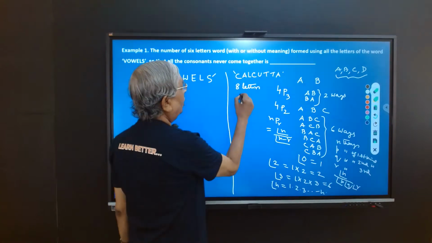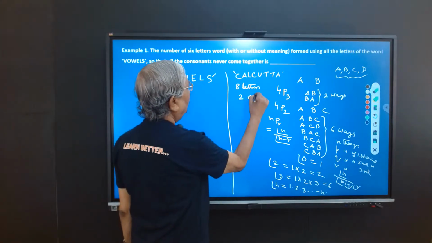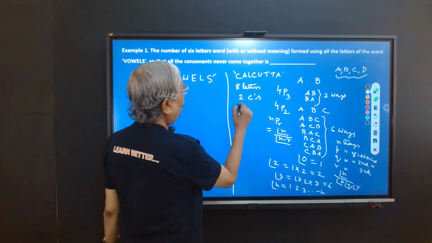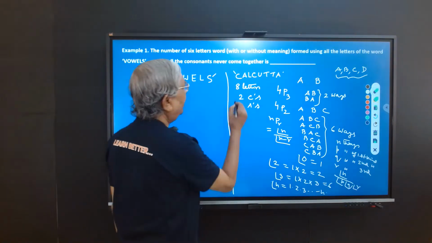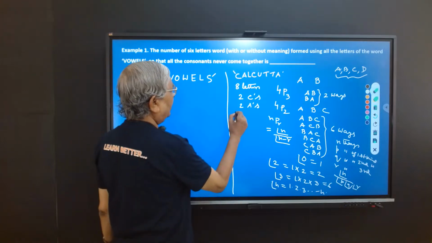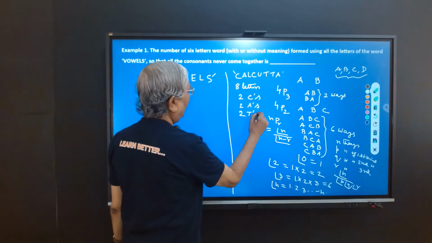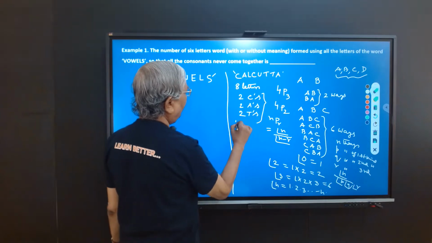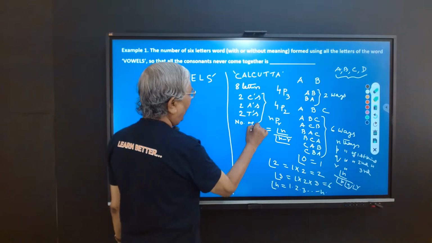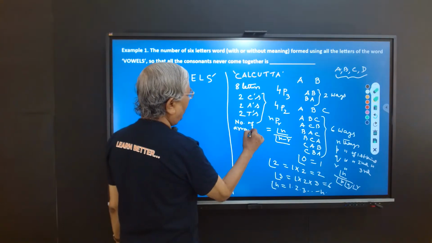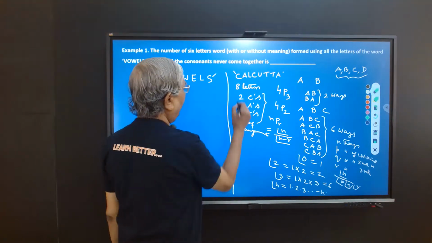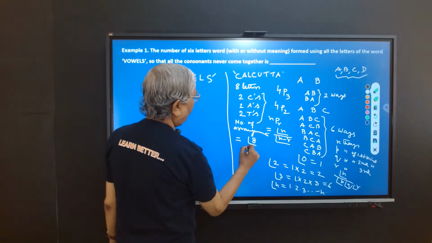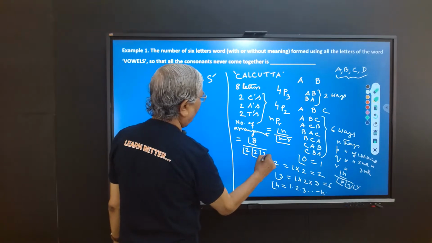Here we see that there are two C's, two A's, and two T's. Applying the formula, what is the number of arrangements? The number of arrangements will be factorial 8 by factorial 2 into factorial 2 into factorial 2.